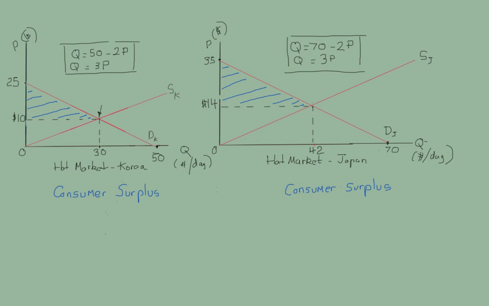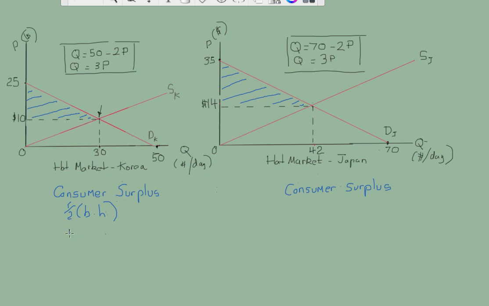So quickly, let's start out with consumer surplus, remembering how to calculate the area of a triangle. So the area of a triangle is a half base times height. And our base for this triangle, of course, is 30.